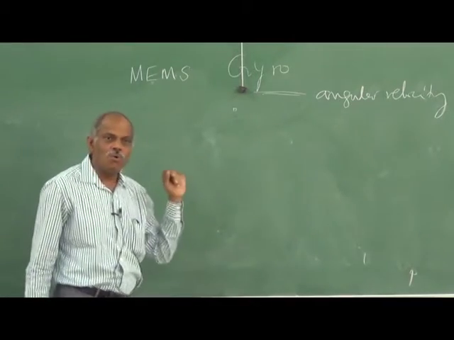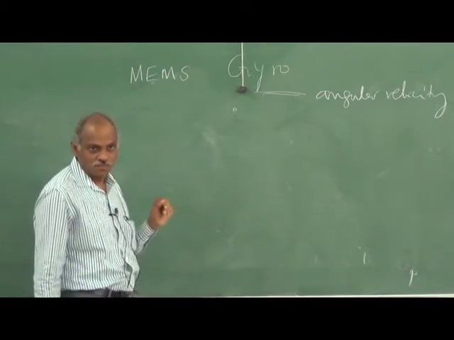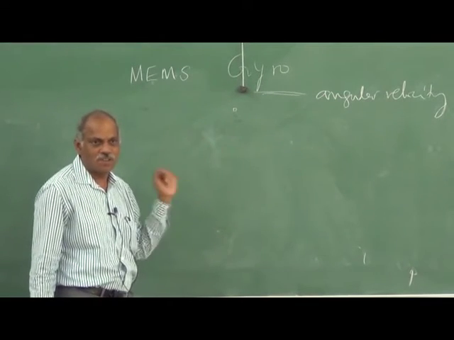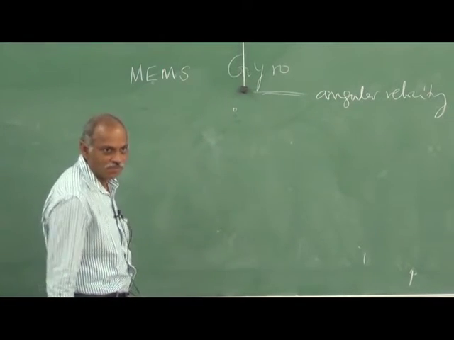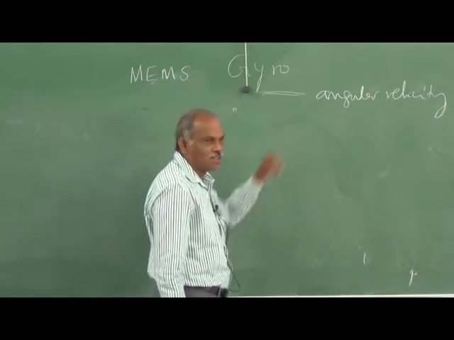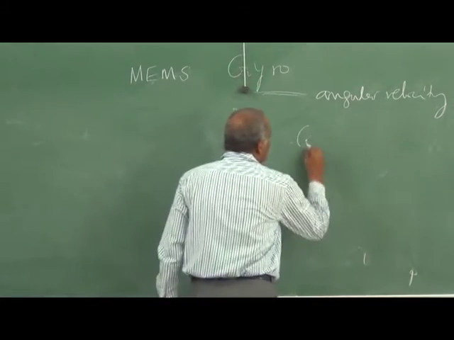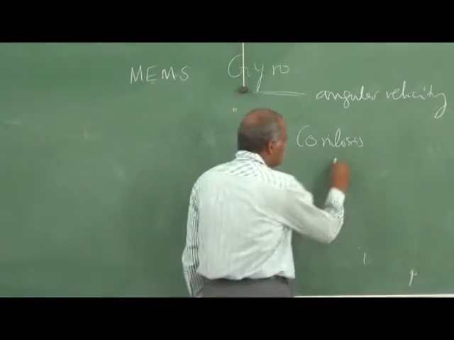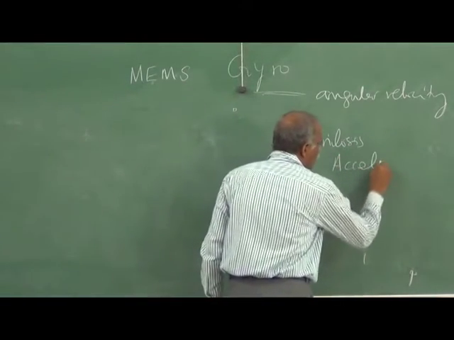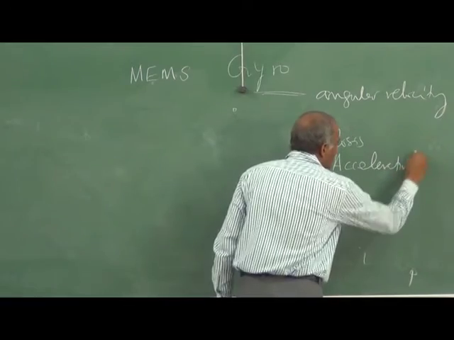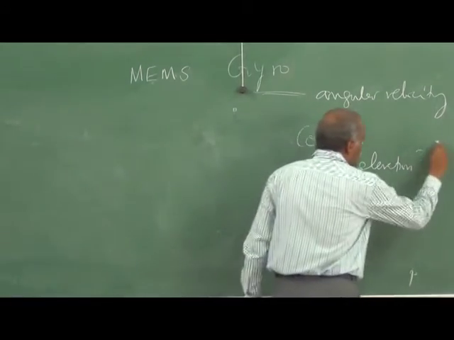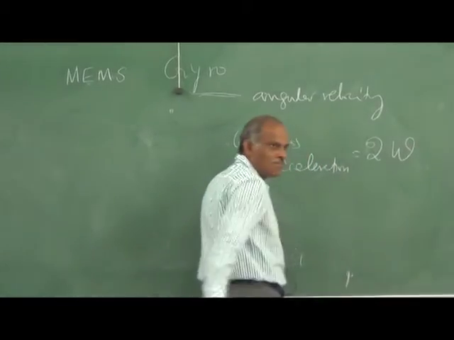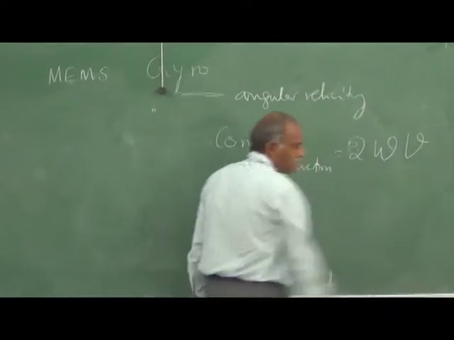Okay. Now, what is the principle of this? The principle it uses is not a gyroscopic principle, but a Coriolis principle. How is Coriolis related to angular velocity? Coriolis acceleration is given, by magnitude, as 2 times angular velocity and the linear velocity.